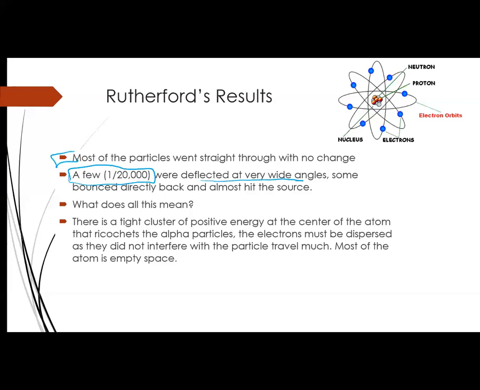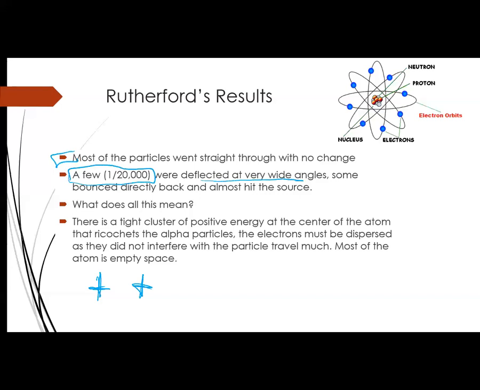And that's what happens when we have a positive thing and another positive thing. When those two get next to each other, they repel each other. And so that positively charged alpha particle could get reflected away. All the other times, if it didn't get really close to that positive charge at the middle, then it would go right on through.